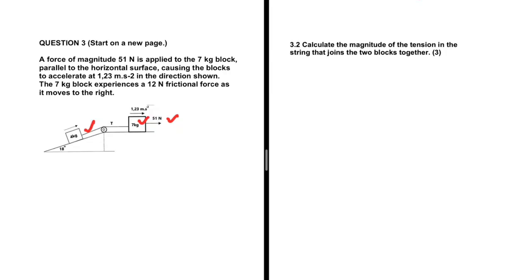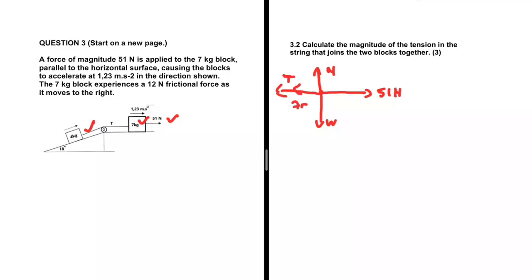So the 7 kg block, first things first, we have the weight. Obviously, we have the applied force, 51 newtons. We have the normal force. What else do we have? We have the tension force and the frictional force.